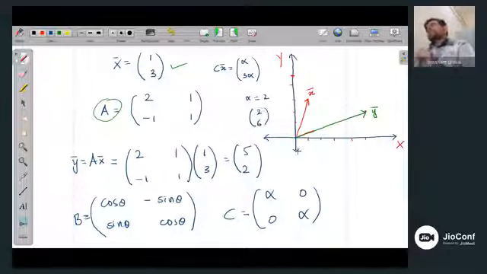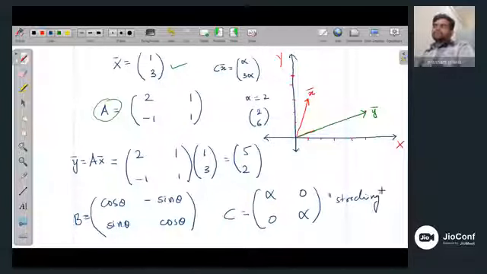So it just stretches the vector to 2, 6. It is just stretching, no direction change or rotation, only stretching. This is a diagonal matrix which gives you a stretching of any vector.